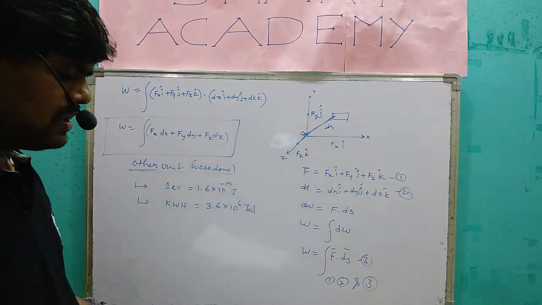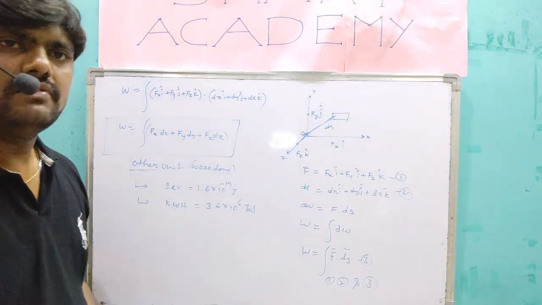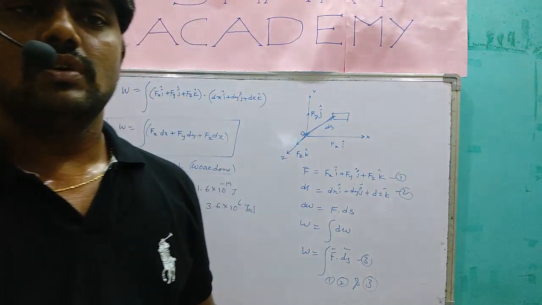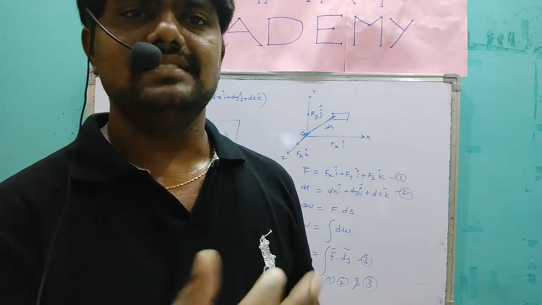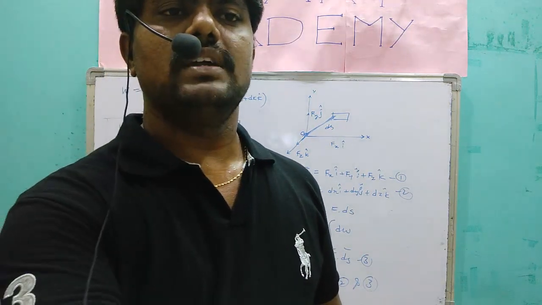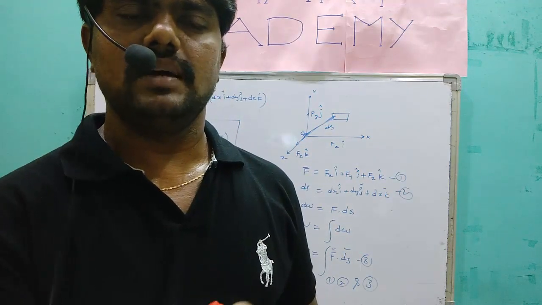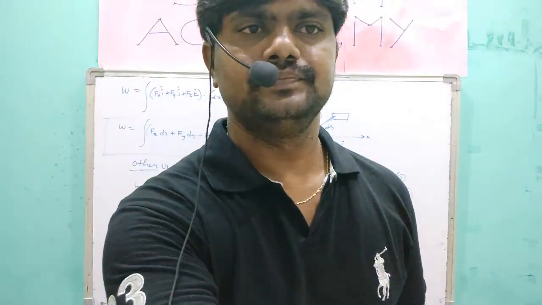Okay. Now we discuss the nature of work done. The nature of work done may be positive or negative or zero. That depends on the relation between the force and the displacement.